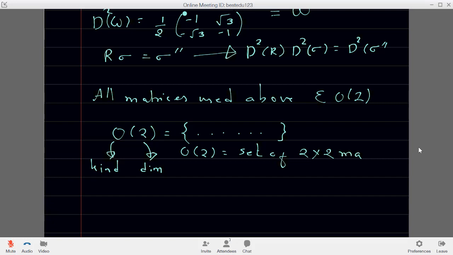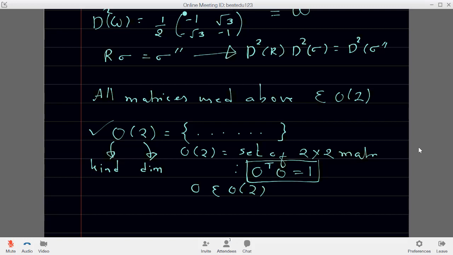such that, consider an element O, a 2 cross 2 matrix, that belongs to O2. Then for any O, O transpose O should be 1. If a 2 cross 2 matrix satisfies this condition, we say that the matrix belongs to the O2 set. We can make a quick check.